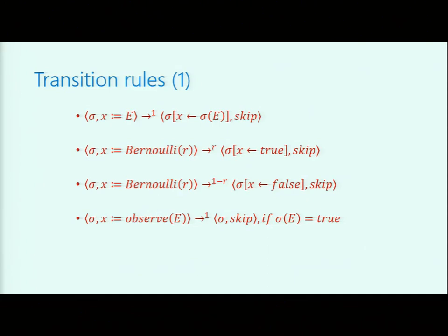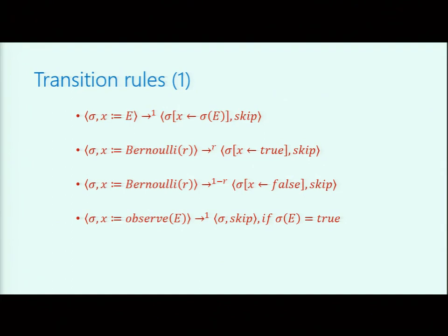Does it make sense? Let me say this again. I'm in a state sigma and I execute an assignment statement. You know that x is going to get updated, but it's going to get updated to a value which is equal to the value of e in this state sigma. So suppose, let's say, e was y plus 2, right?